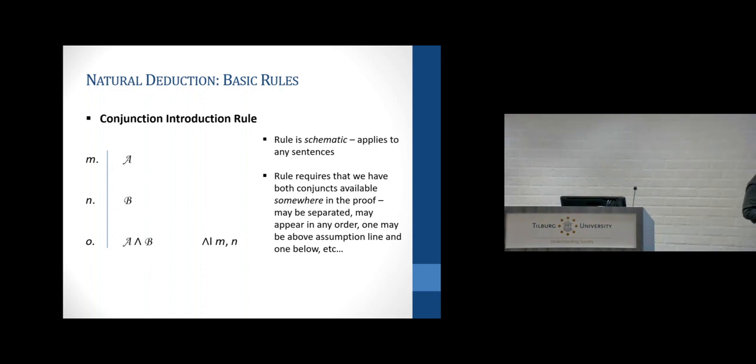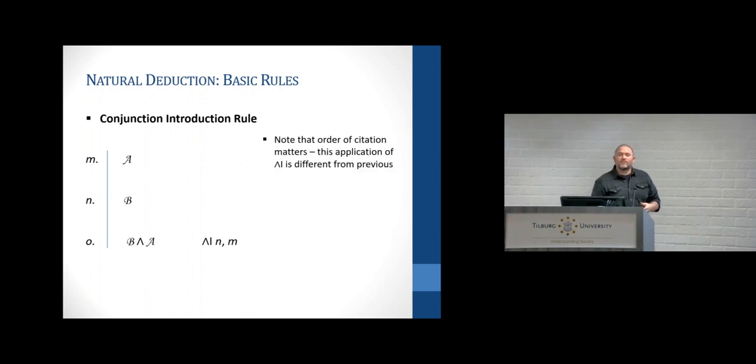Interesting thing to note, again, we cite the rule, conjunction introduction, and when we use it, we cite the lines in the order that you build them. So in this case, it's M, N, but we could also do it the other way around, and those are technically different sentences syntactically.